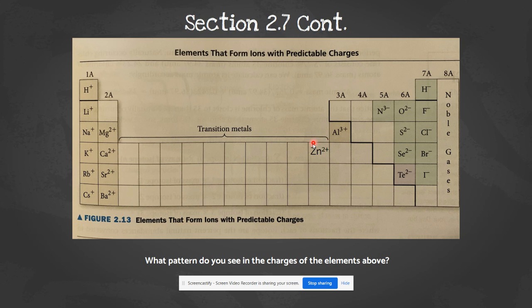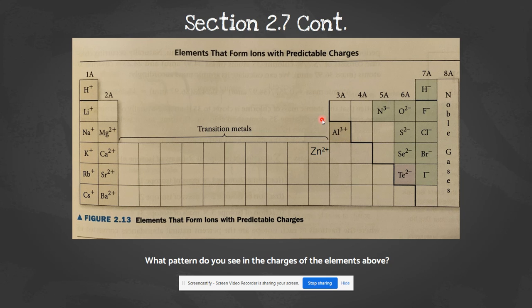And then you'll see I added zinc. Zinc always has a +2 charge and it's conveniently located next to aluminum. So this is +2, aluminum's +3. And then you can see over here we have -3, -2, so almost all of group 6A is -2, and 7A is almost all -1.